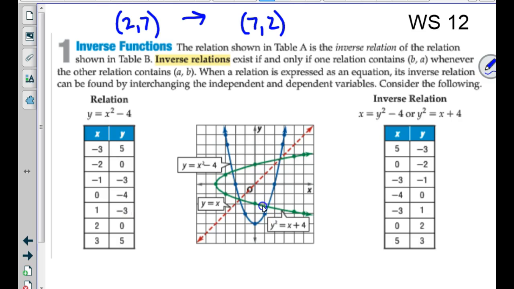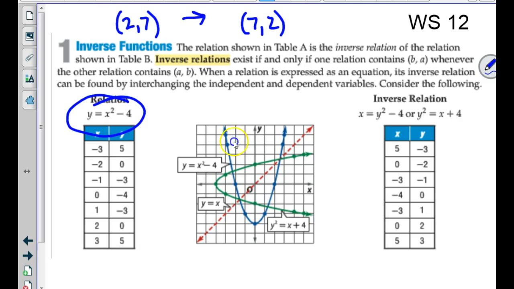All right. Now, this particular relation that they show here, this is a parabola. They switched all the ordered pairs, the x's and y's, and it became this green one going this way. What do you notice about the green one, though? Is it a function? No. Okay.